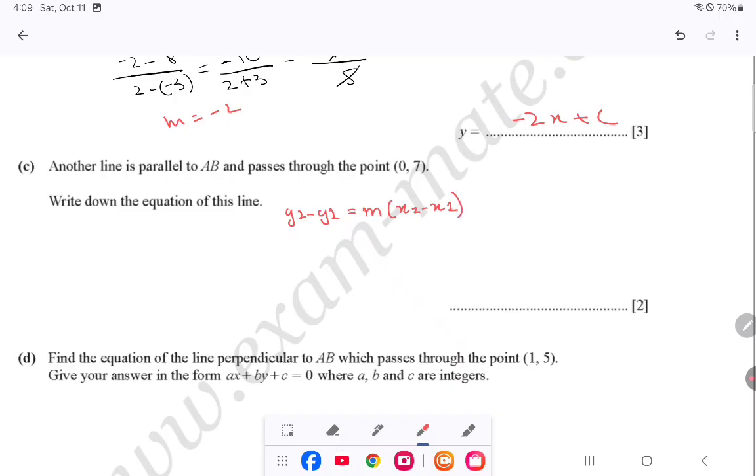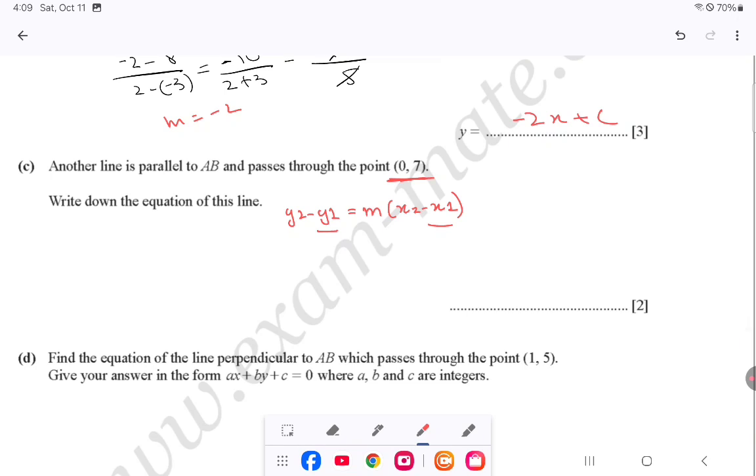Now, because only one point is given, we will put in the values of y1 and x1. The y2 and x2 remain the same in order to get the line equation.